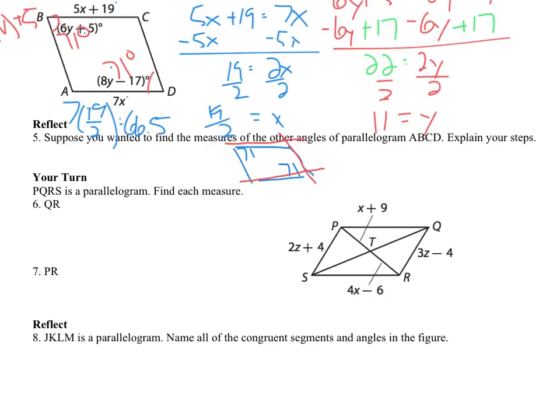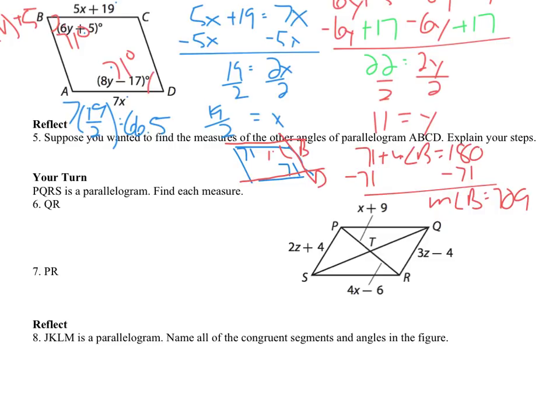And we have our transversal right there, which means these two angles, so B and D, are same side interior, which means 71 plus measure of angle B has to equal 180. Subtract that 71, and measure of angle B equals 109. So this is 109, and then we know that opposite angles are congruent, so this one down here, angle A, is 109 as well. Oh, sorry. This is angle C up here.